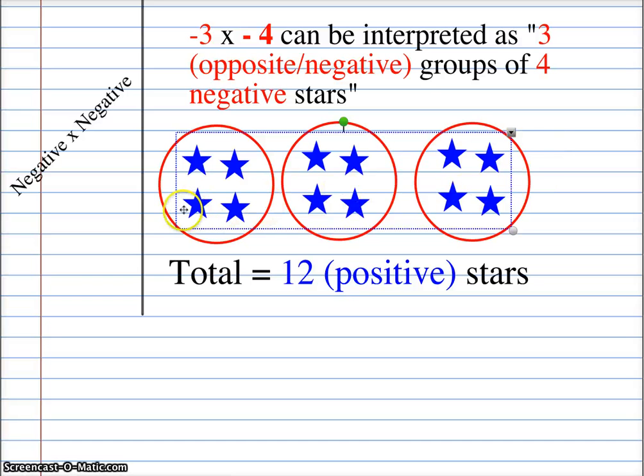Okay, so I end up with 12 positive stars. Okay, 12 positive stars because I had negative before, and because it wants me to find the opposite of those groups, they become positive. Okay, again, pause the video if you need to copy down your notes.